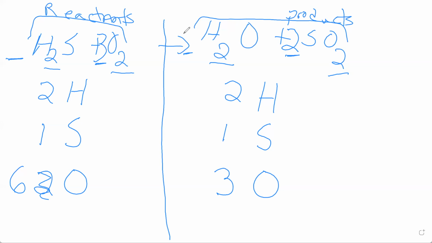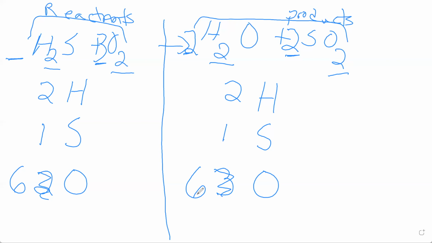So an easy fix is to put a 2 here as well, which gives me 2 times 1, so that would be 2, and 2 times 2, sorry, which is 4. So the 2 plus 4 would give us 6. Okay, so now our oxygens are balanced.